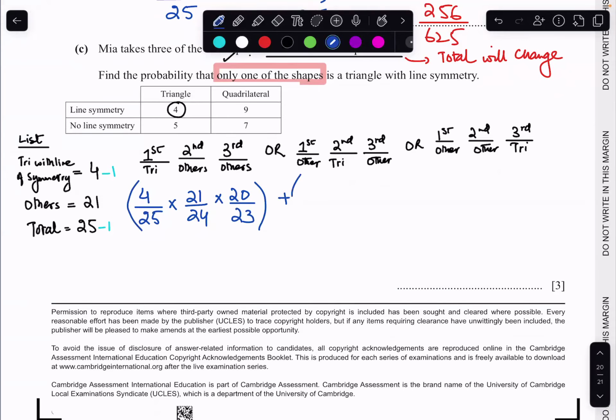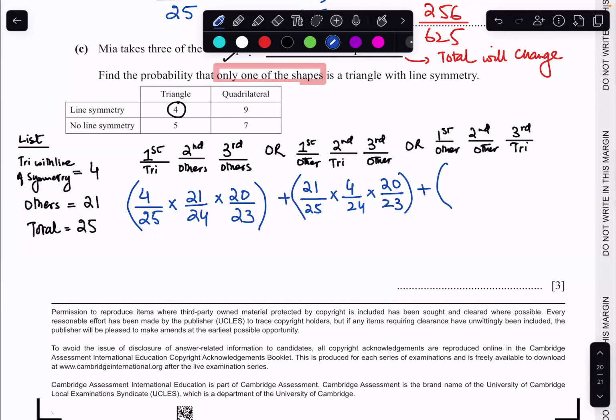The first one, the other, should be 21 by 25. Then 4 by 24. Good. Then 20 over 23. Good.